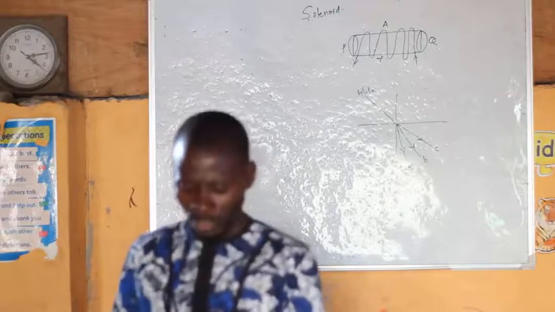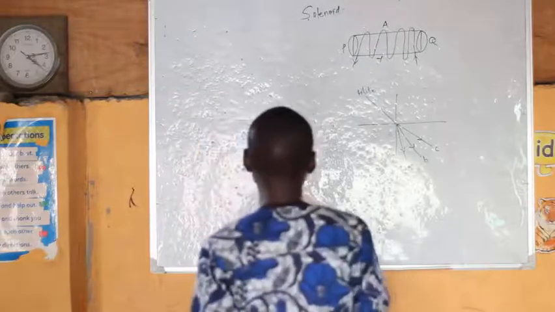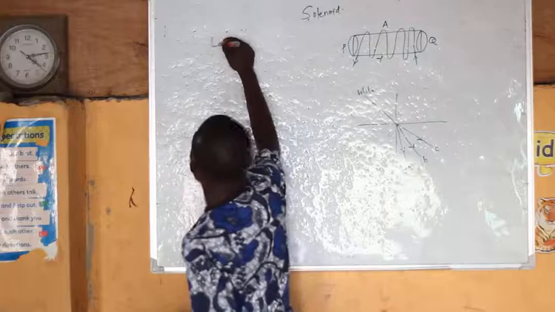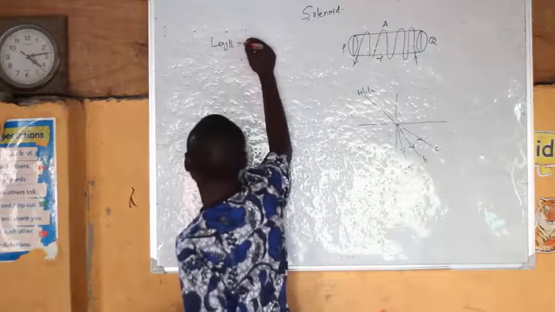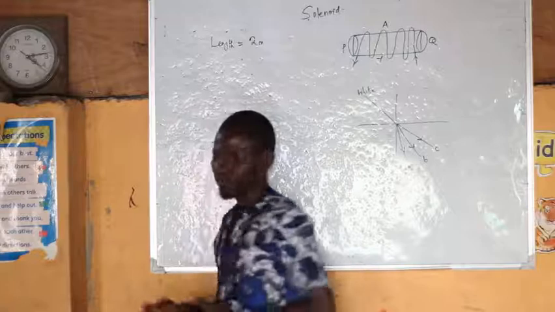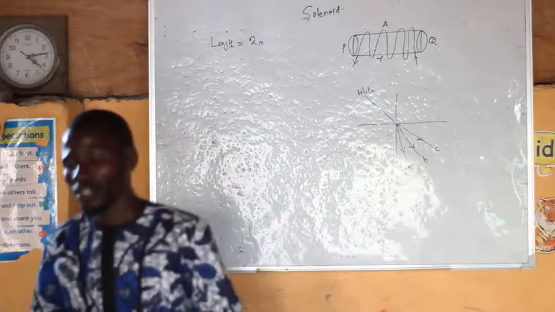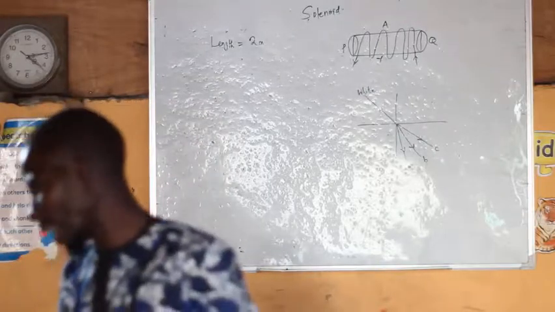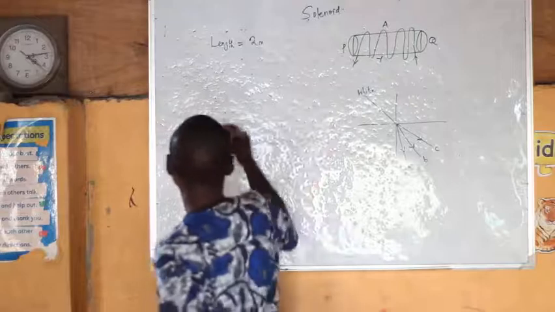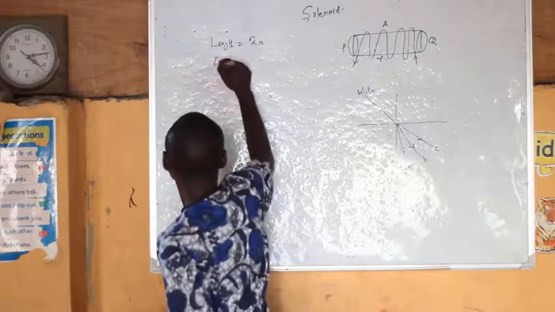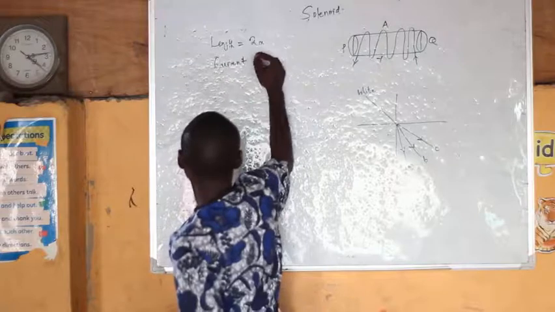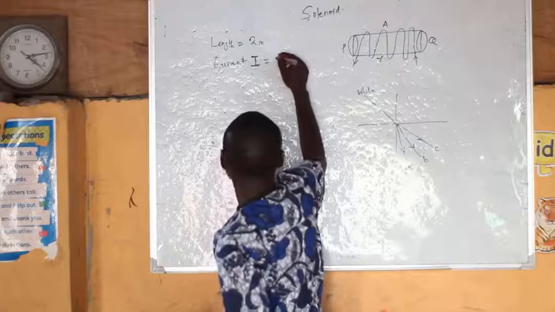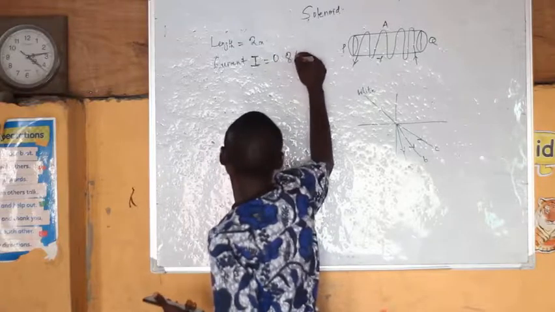Now, in this type of question, you are being given the length. The length of the wire is 2 meters. And you are being given the current that flows through the wire, the current, which is I, equals 0.8 amps.